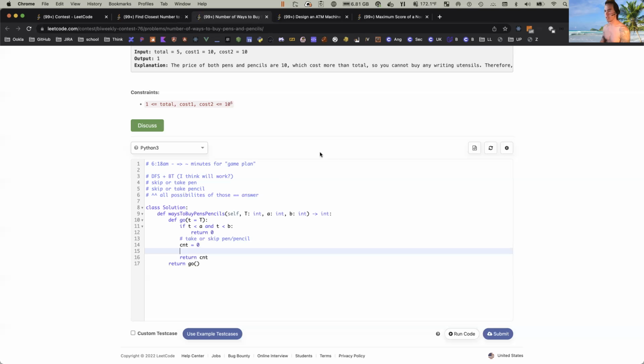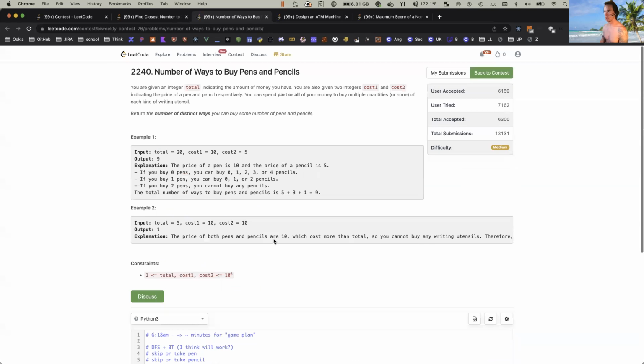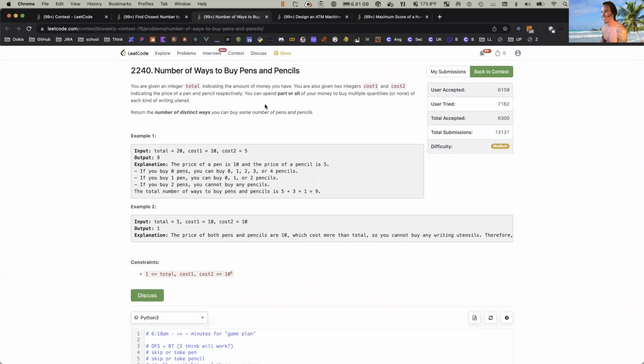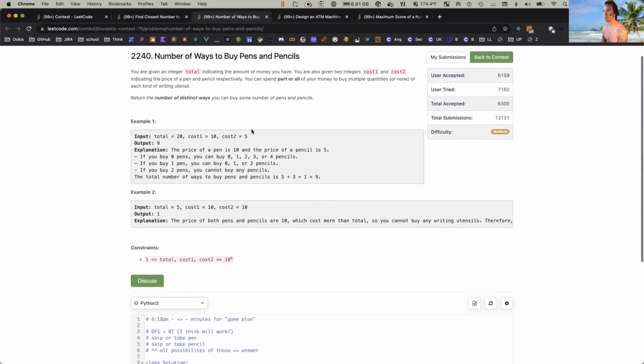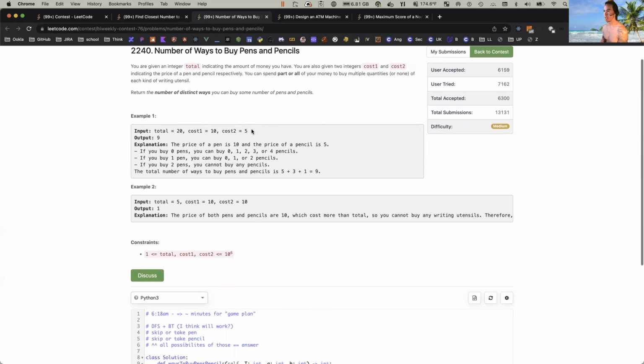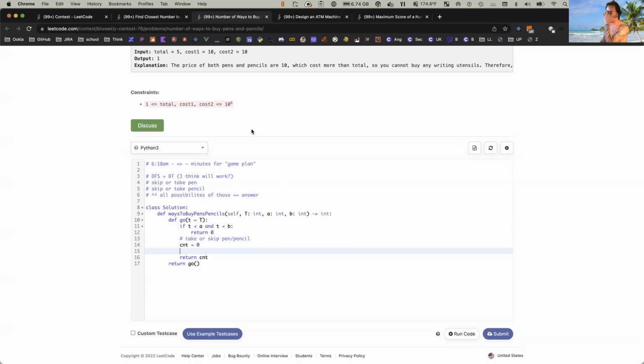Yeah, this is interesting. I think I'm quite confused. So you can spend part of all your money, right? So you want to do piecemeal at a time. Then we can iterate as well, right?